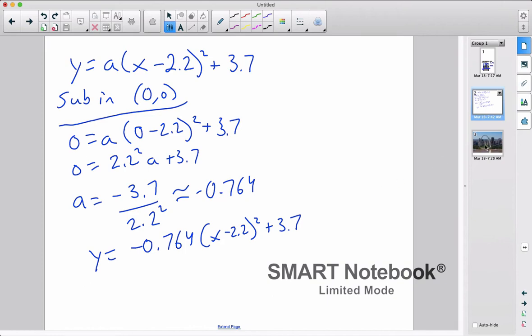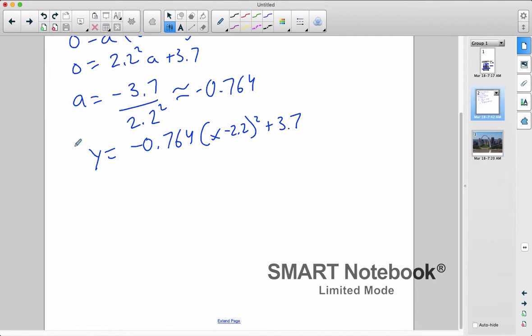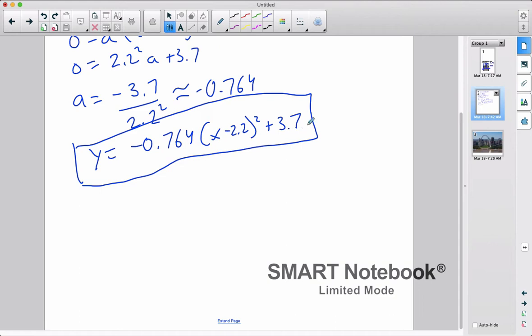Okay. So next, this is vertex form. We're going to write this in standard form, and then we're going to write this in factored form.